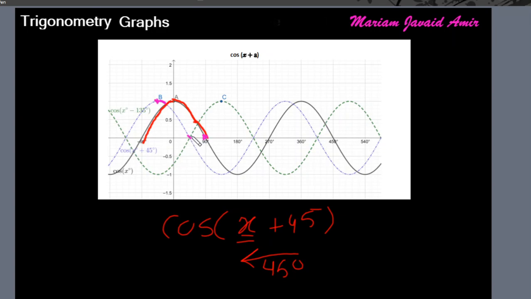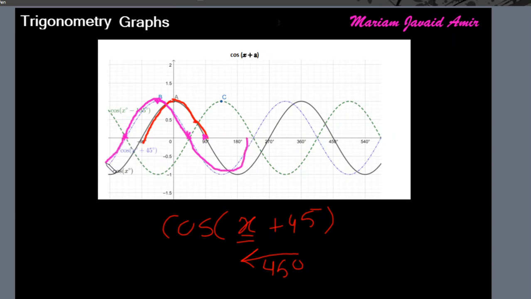Now it will meet the x-axis at 45 because it's going 45 degrees to the left, and then you can continue your whole graph. This was minus 90, so this would be minus 90 minus 45, which is minus 135, and so on. And next you can just complete your graph using symmetry.